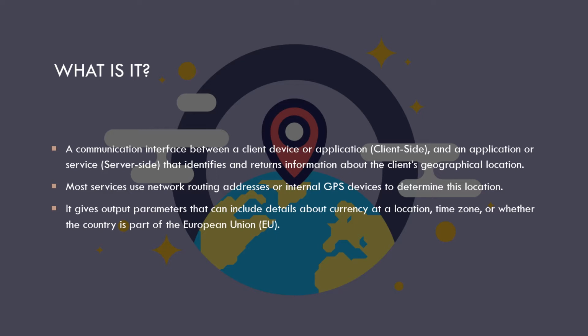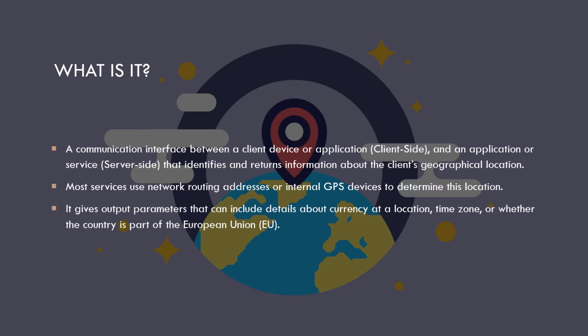You see this commonly with GPS. Google Maps, for example, uses Geolocation API. And most services use network routing addresses or the internal GPS devices to determine a user's location.